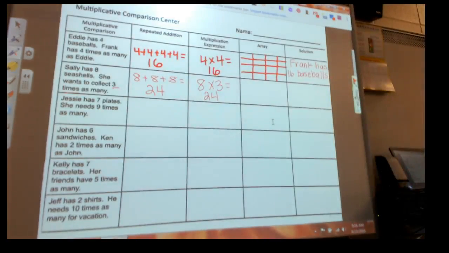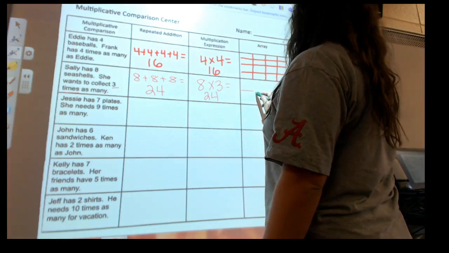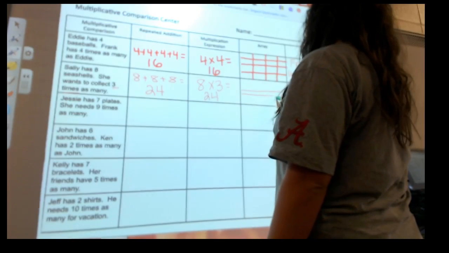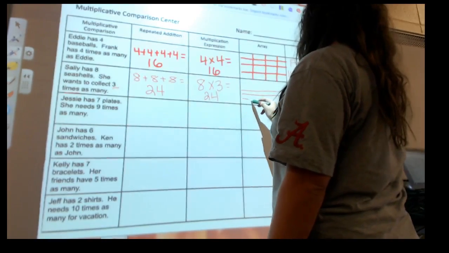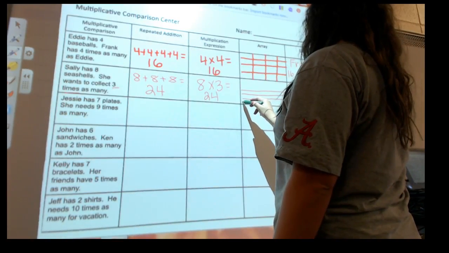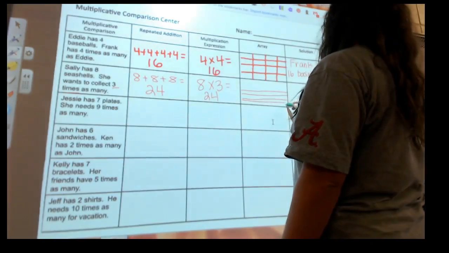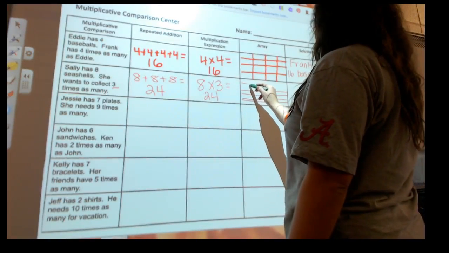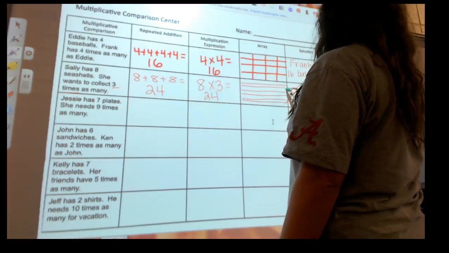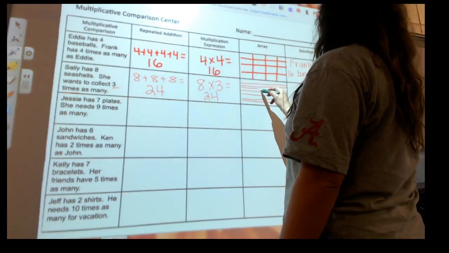When I do my array, I'm going to do what? 8 rows. That's going to be hard, so you need to be very careful. See how careful I'm being?